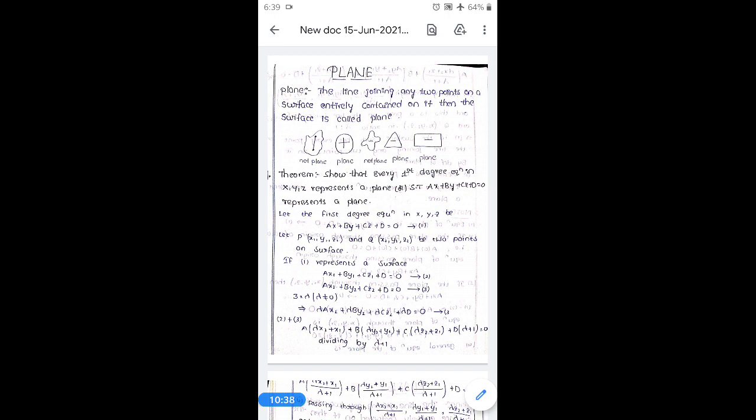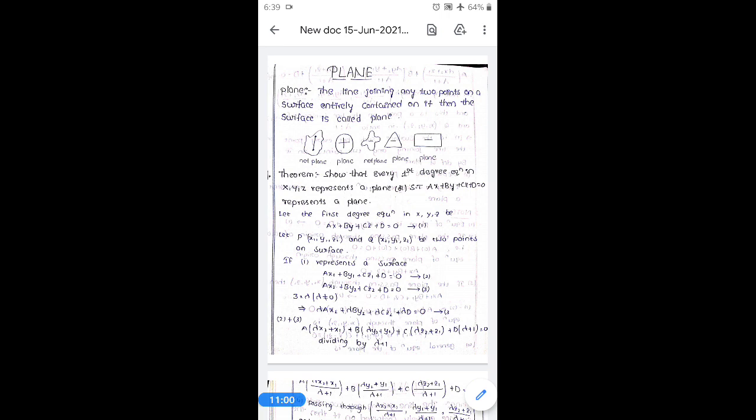This also represents the surface 1 passing through the point R. What is R? R is the point which divides the line joining A(x1, y1, z1) and B(x2, y2, z2) in the ratio lambda is to 1.